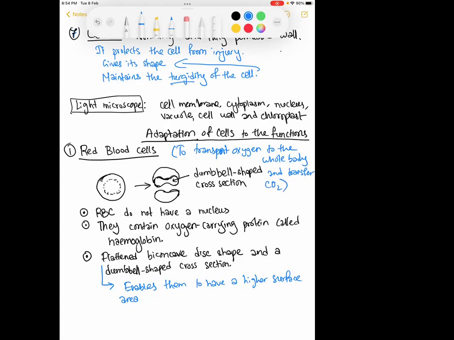So it needs a shape so that oxygen can easily diffuse through it. So it enables them to have a higher surface area to volume ratio for faster diffusion of oxygen.